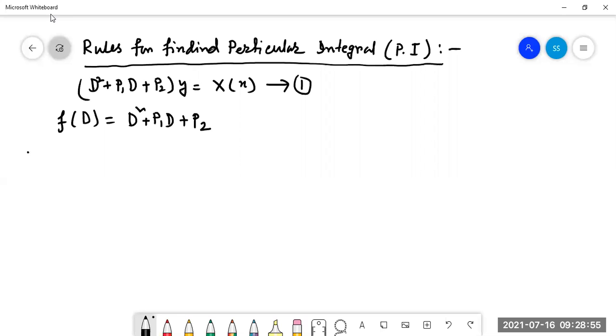Now case 1. These are the rules to find the PI, the particular integral. Let X of x equal e to the power ax.